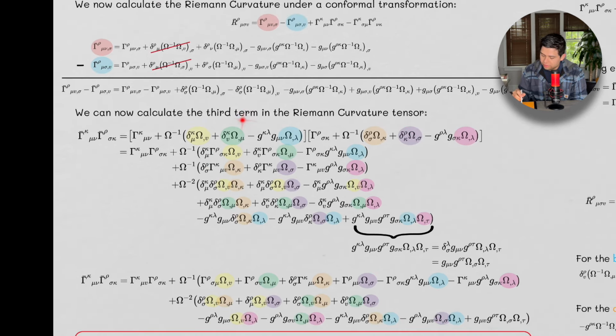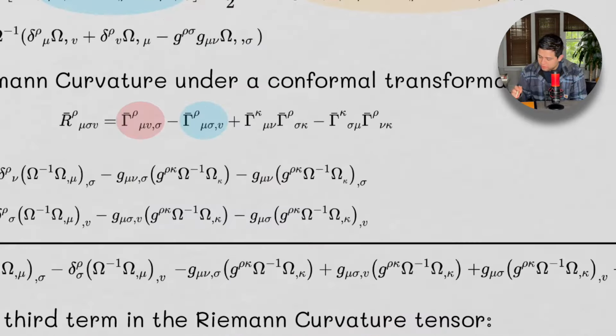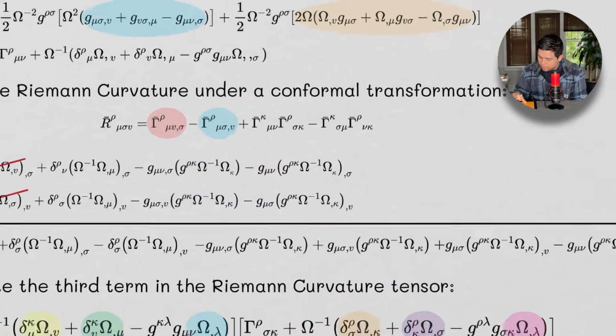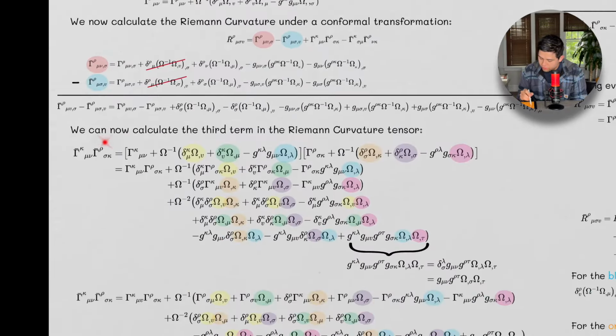Now we calculate the third term in the Riemann curvature tensor. That's this term right here. We're really just multiplying definitions of the connection coefficients. I color coded everything so we can follow things through and go relatively quickly through all of this.